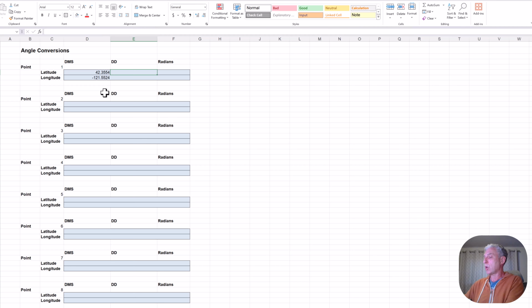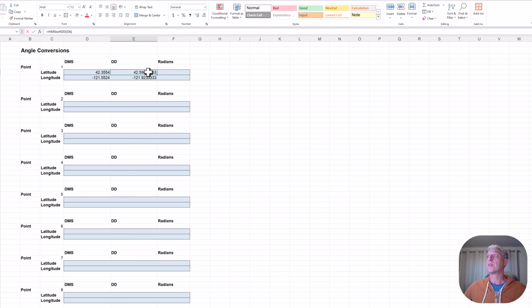And then you can go equals, convert it to decimal degrees, equals HMS to HDD. And this is some VBA code behind the Excel spreadsheet, and then you just drag that down, and it's going to drag the function down, not the value.